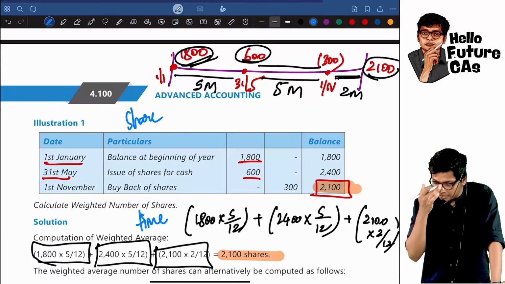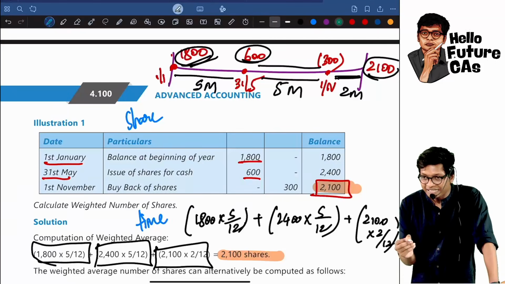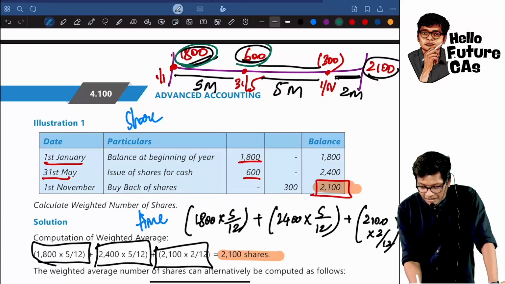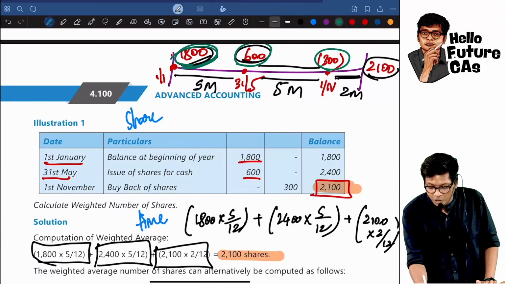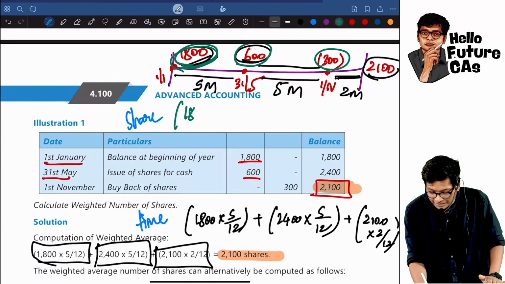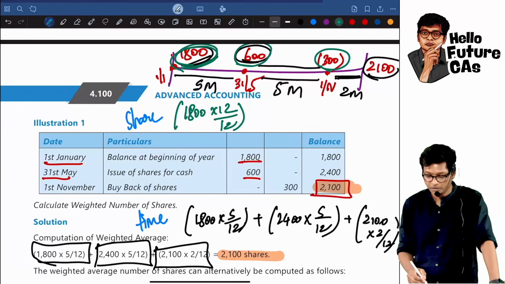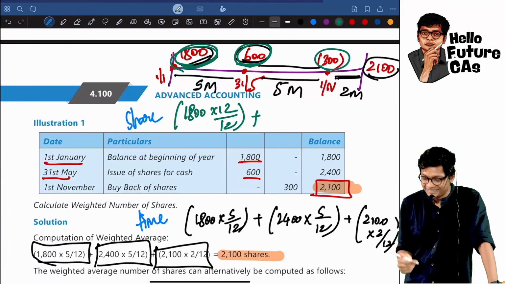In share method, what is going to happen, guys? I will treat each share as a separate independent unit. First, at the beginning, how many shares do we have? 1800. That 1800 is outstanding for how many months? 12 by 12. Plus, how many shares joined us in the middle of the year? 600.